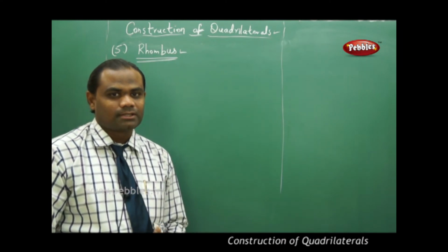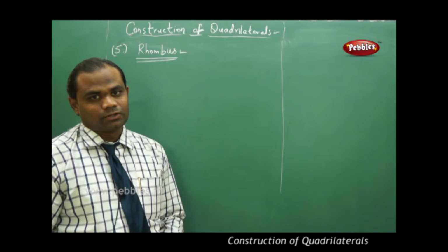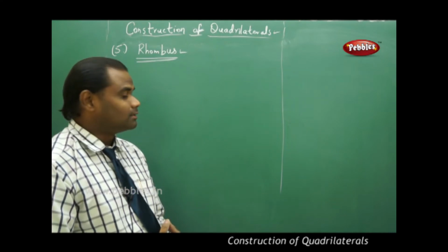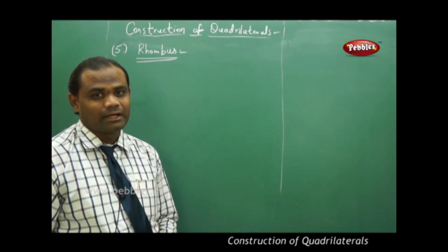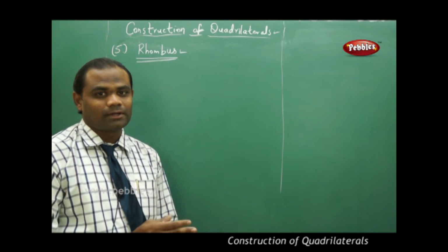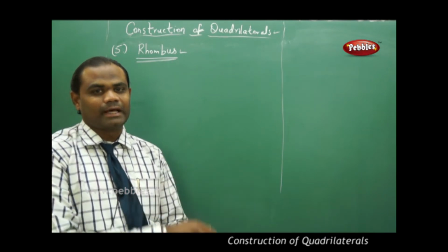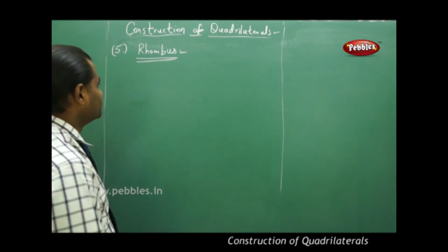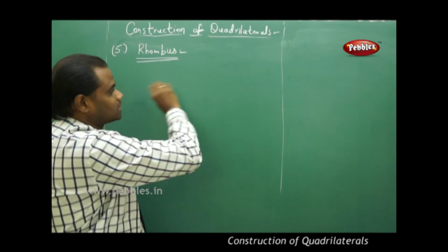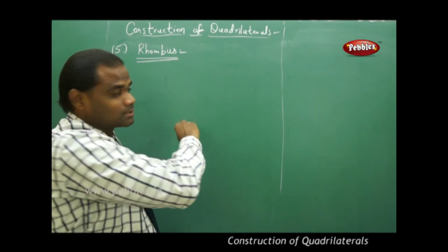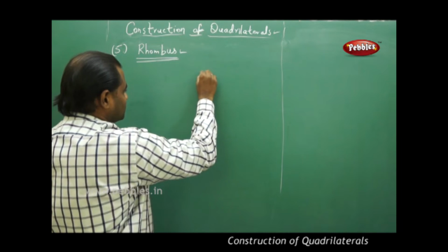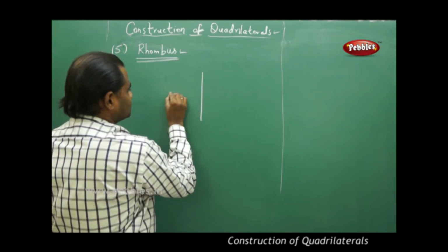Now rhombus is derived from diagonals. So rhombus is a four-sided quadrilateral, which is derived strictly based on the property which it reflects based on its diagonals. So initially, before I draw the four-sided figure of the shape of a rhombus, I first draw the perpendicular diagonals.